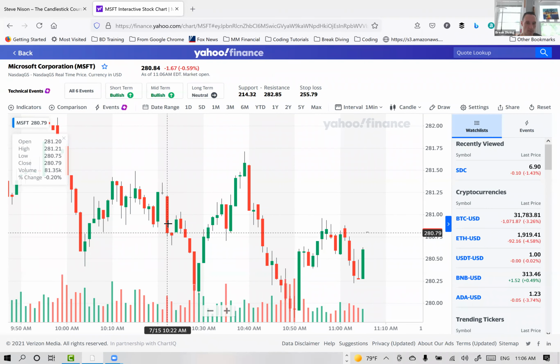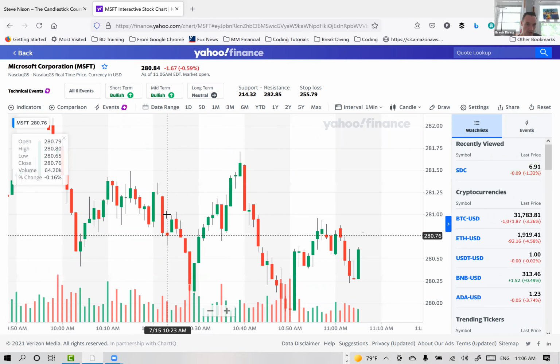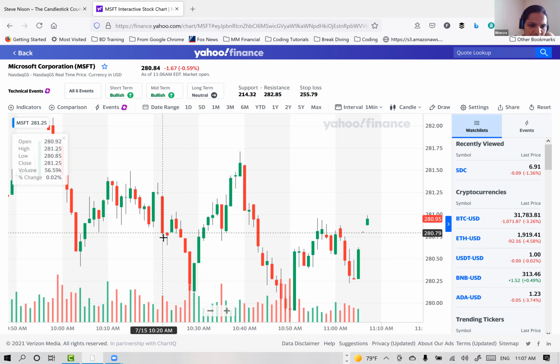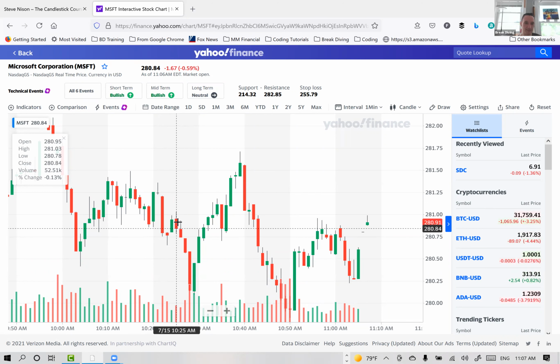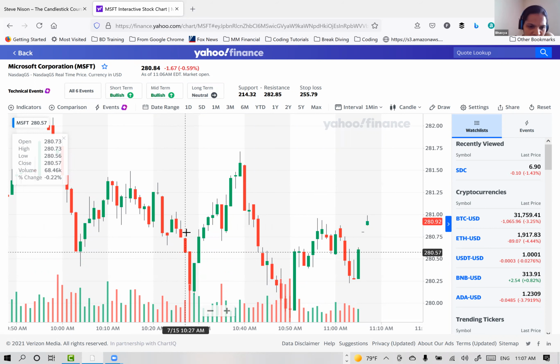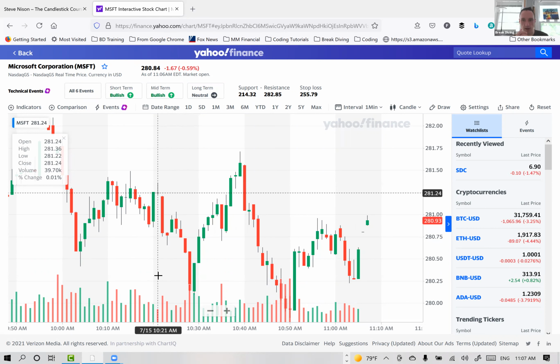We saw a bearish belt hold right here, followed by a hammer. So it did go up, but then we have a spinning top, didn't know what to do. What would you call this, a shooting star or what? Or was that a bearish belt hold?